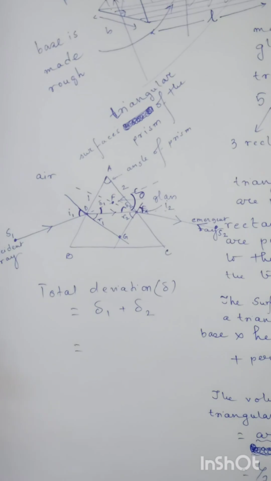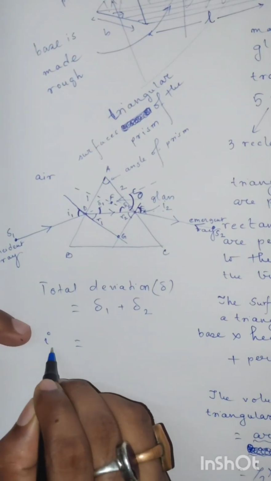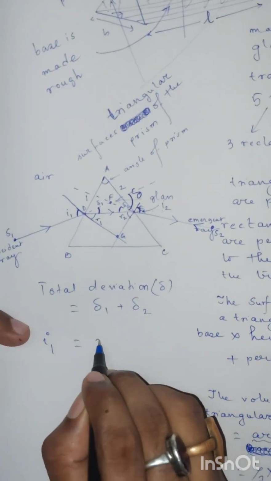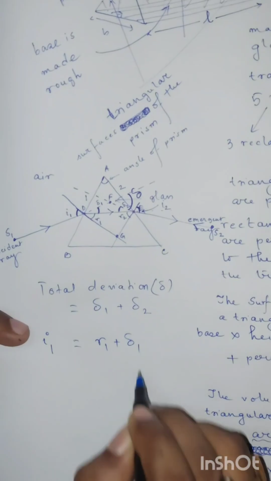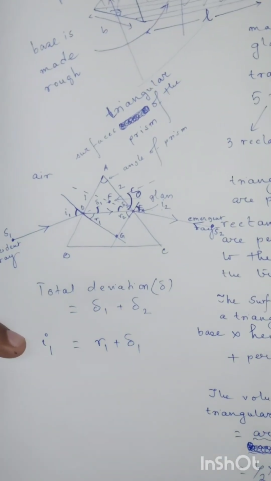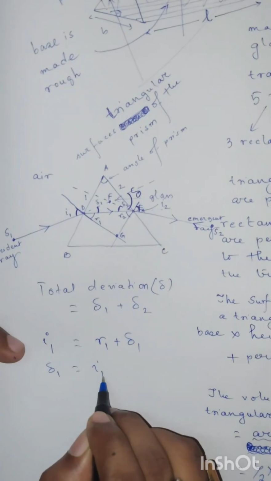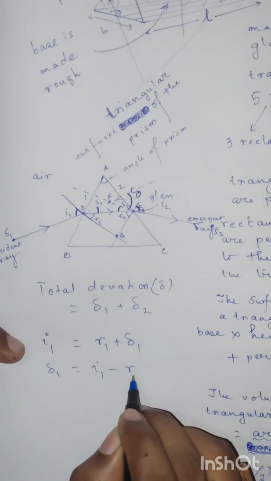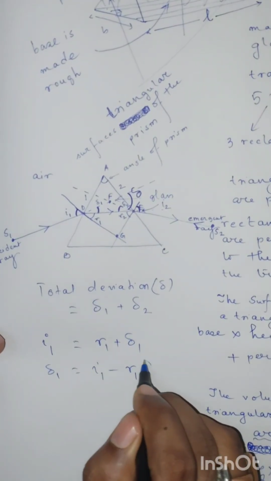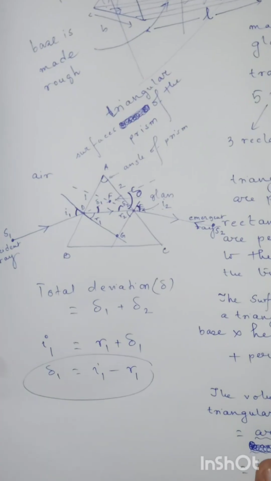So I1 should be equal to R1 plus delta 1. So delta 1 is equal to I1 minus R1. So this is what we are getting.